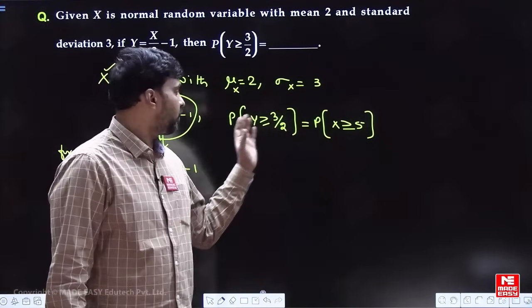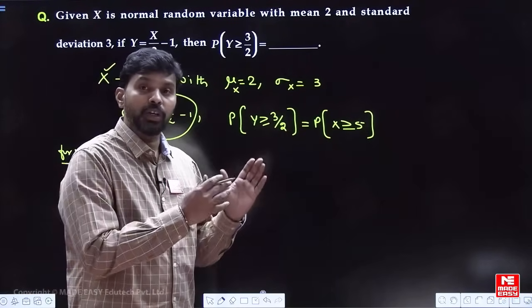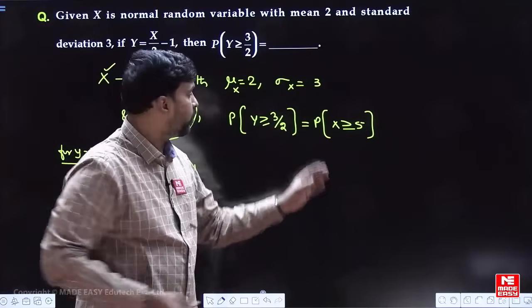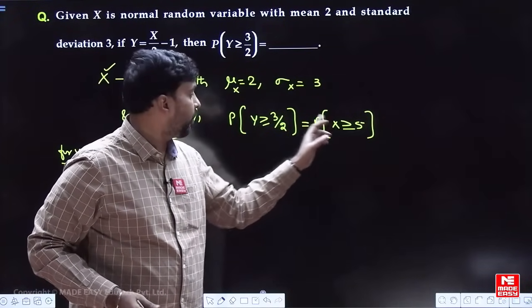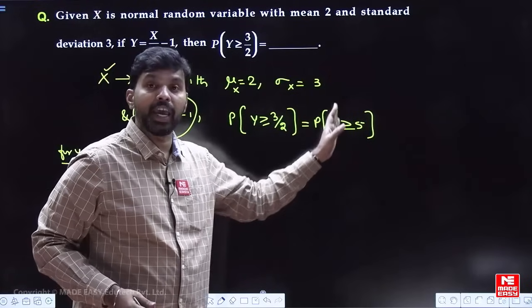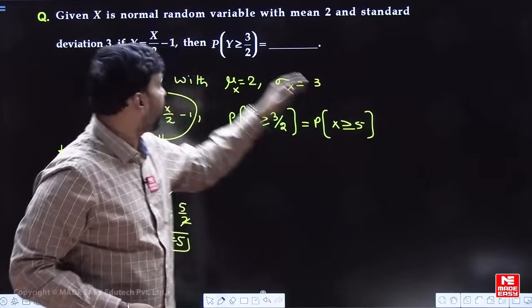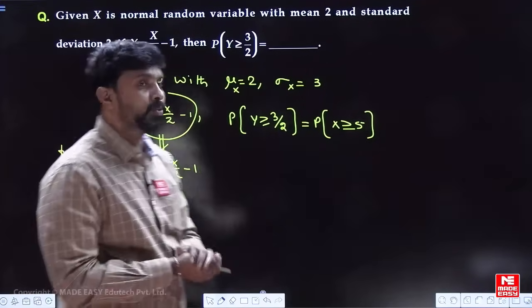Once this y value is converted into an x value, we have to find the probability for x greater than or equal to 5, where x follows the normal distribution.